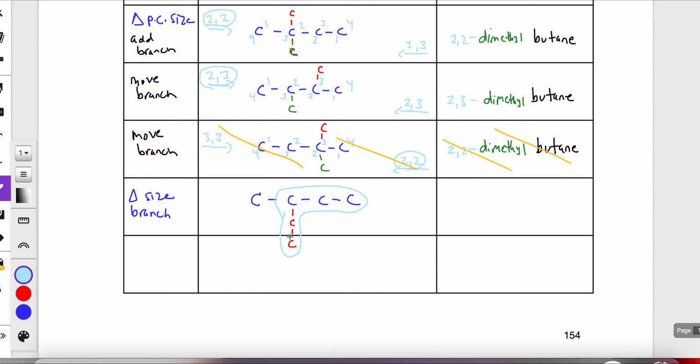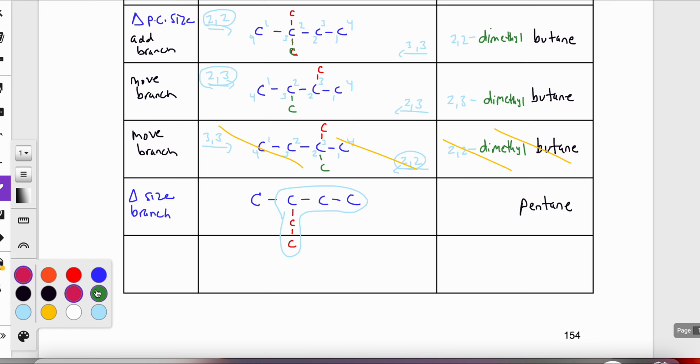And even though I drew it with the red looking initially like a branch, this is a 5 carbon parent chain, so that is pentane. And I have only 1 branch.